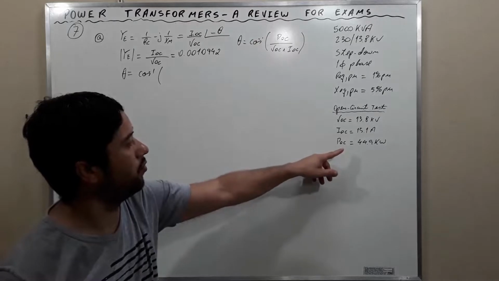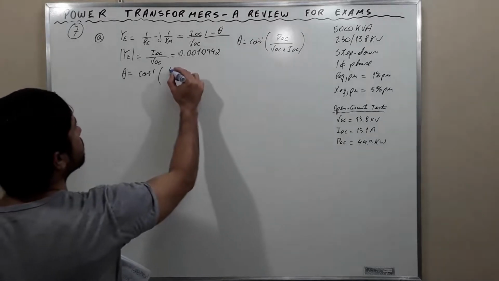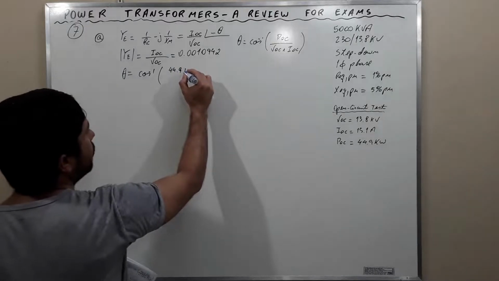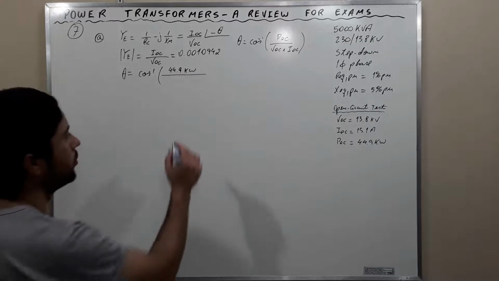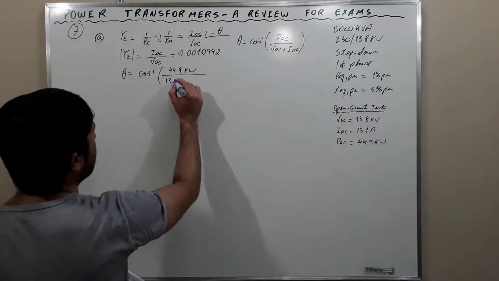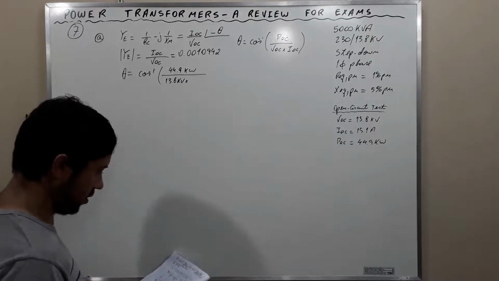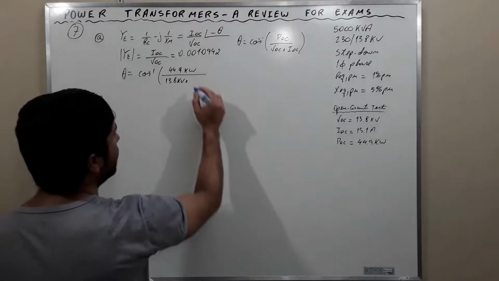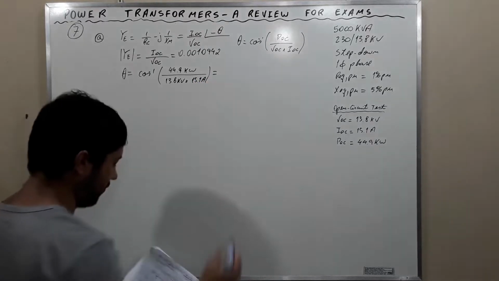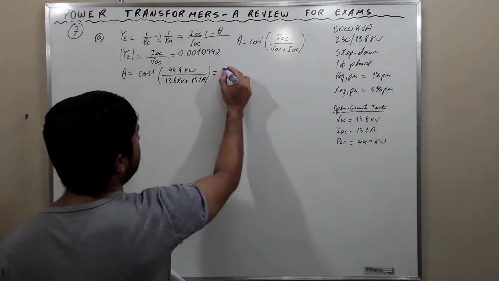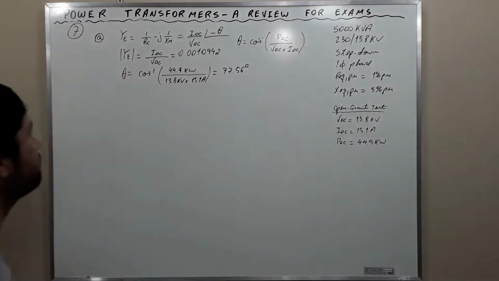POC is 44.9 kilowatts, VOC is 13.8 kV, and IOC is 15.1 amps, and we find a value of 77.56 degrees.